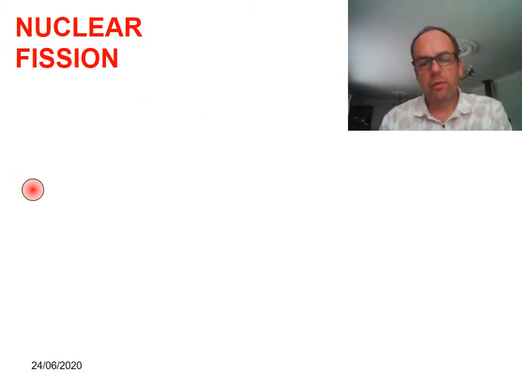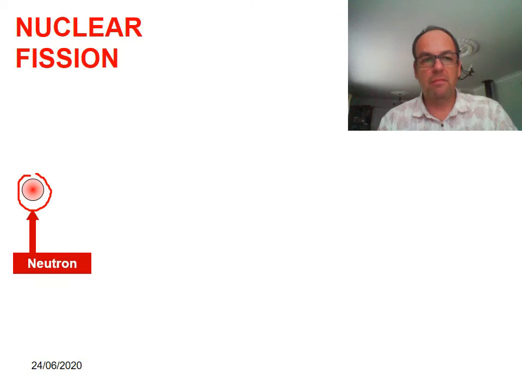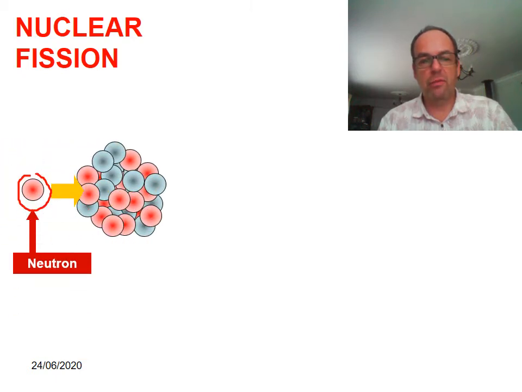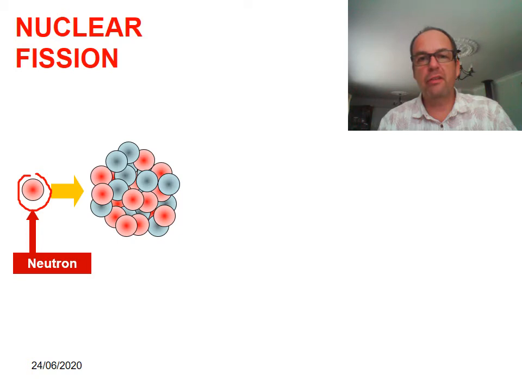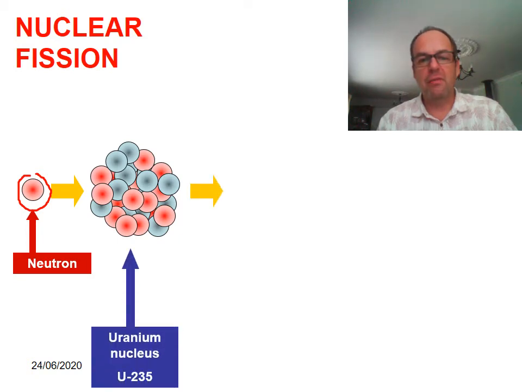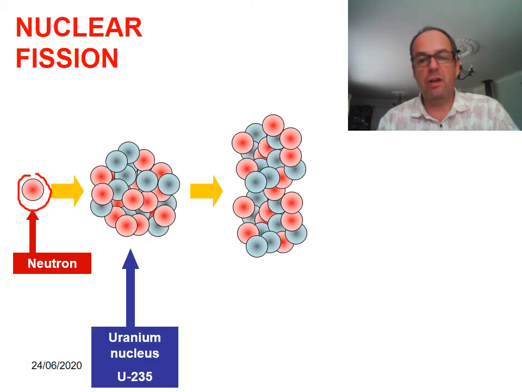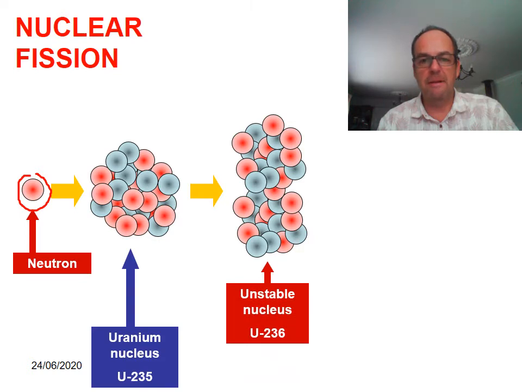Okay, let's look at this process again with an animation. As I've said already, we start with a slow-moving neutron over here. That then collides with a large nucleus of uranium-235. The neutron is absorbed to produce an unstable nucleus of uranium-236. As I said before, this does not last very long.